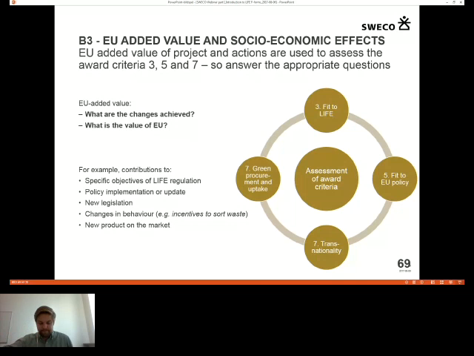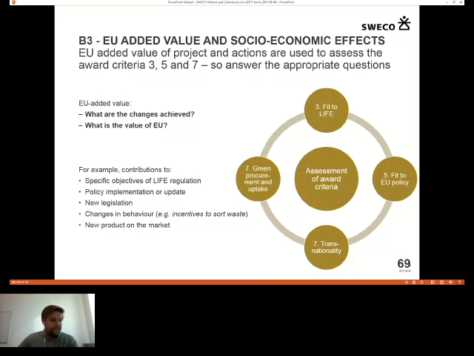Award criteria 7 is quite split, I would say. It's called transnational green procurement and uptake, so the uptake of green procurement and transnational projects.